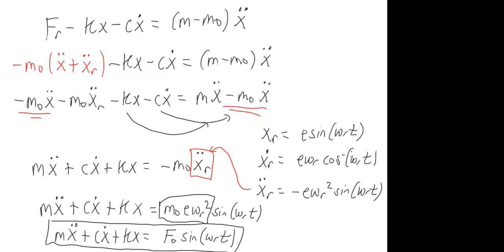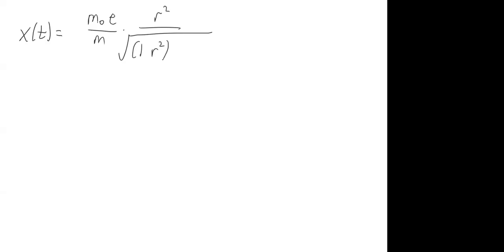But at the end of the day, if you were to solve it, you'd end up having a deflection that looks like x of t is m naught e over M times r squared, which again is the frequency ratio, over the square root of (1 minus r squared) squared plus (2 zeta r) squared, times sine of omega r t minus the arctan of 2 zeta r over 1 minus r squared.